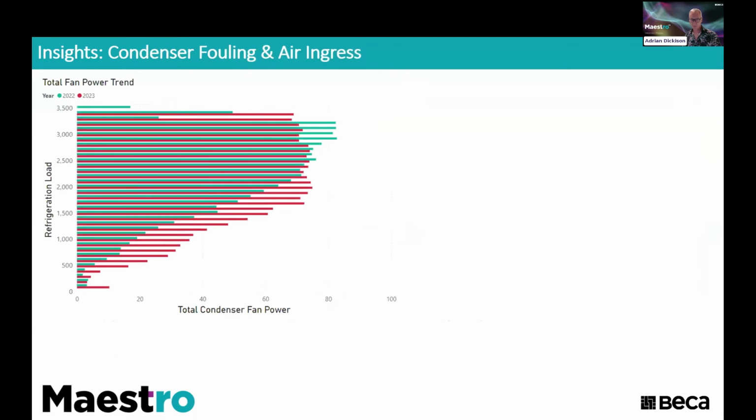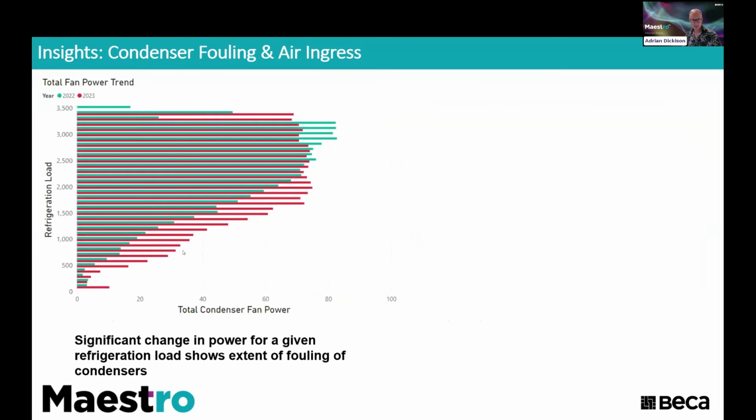Some of the other characteristics of Maestro: because we're driving discharge pressure set points under our control schema, we get to see many things that you wouldn't normally expect to see just from the raw data in a fridge plant. This is just showing a trend of condenser fan power in 100 kilowatt of refrigeration buckets.